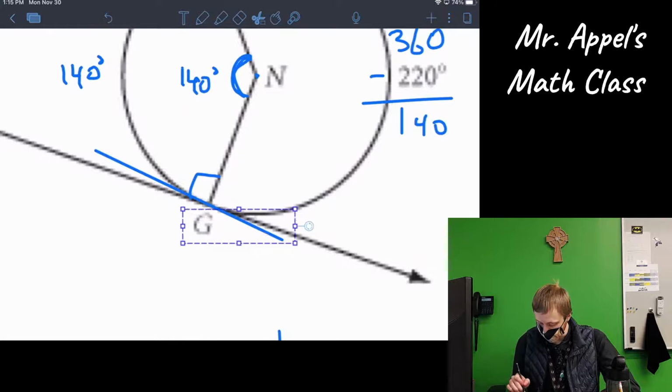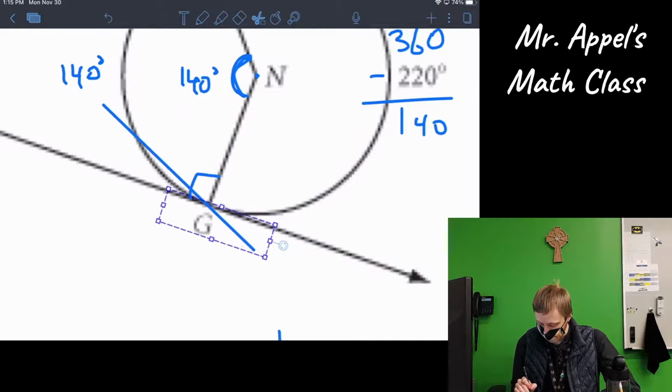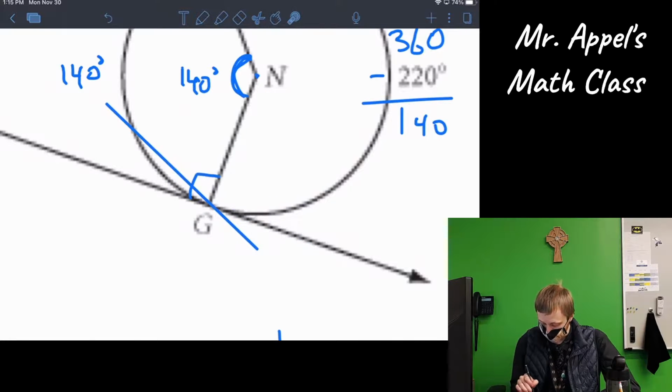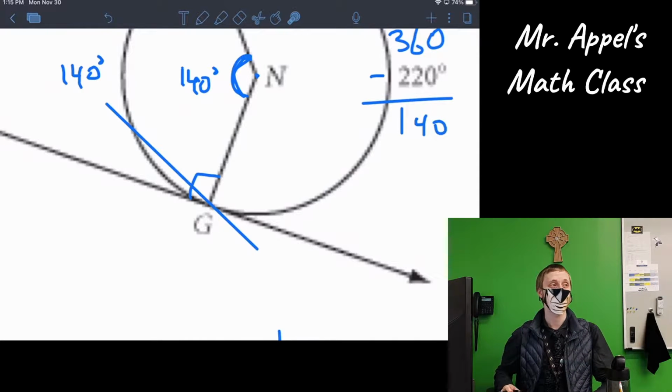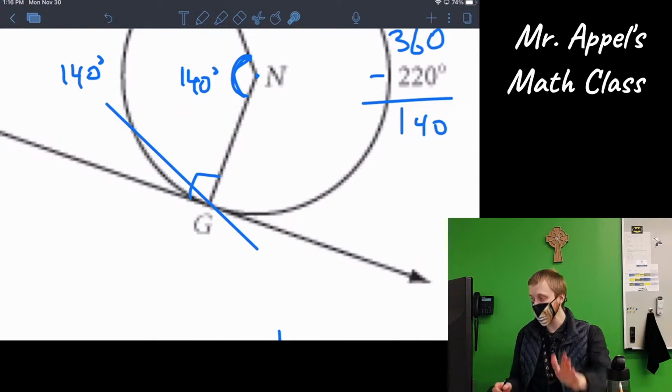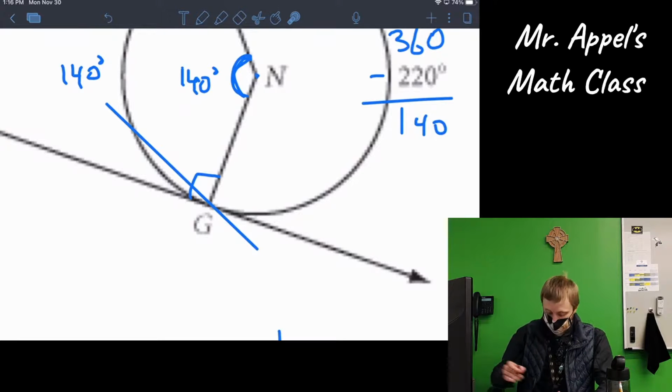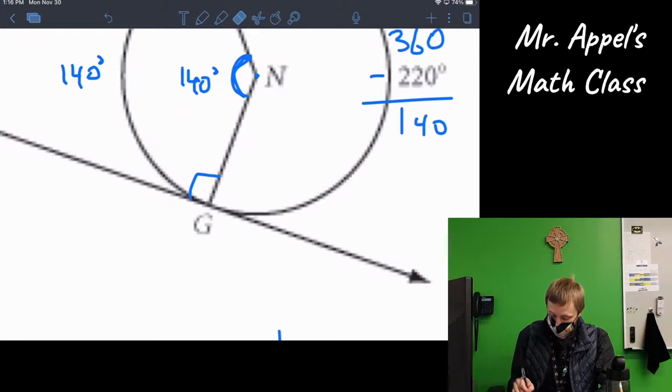Let me make that more extreme. You can clearly see, if it was to hit here and it's not a 90-degree angle, it's going to pass through the circle somewhere else as well, and therefore, by definition, no longer be tangent. So to be tangent, it must make a right angle, exactly a right angle, nothing else.